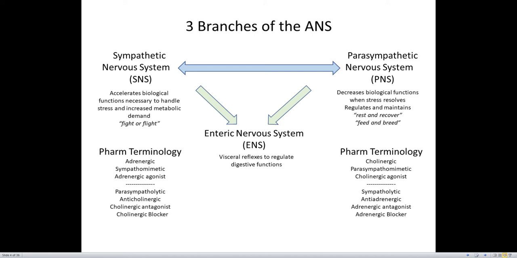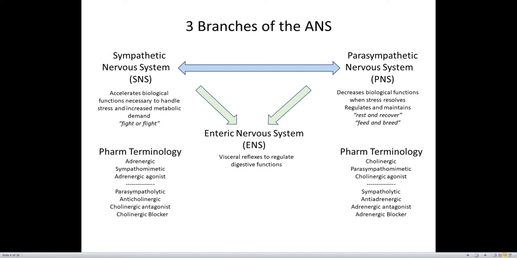You probably learned that muscarinic receptors in the lungs, muscarinic 3 in particular, will cause smooth muscle cell contraction and bronchospasm. Same thing happens in the blood vessels. In the heart, the muscarinic 2 receptors will cause the heart rate to slow down and for contraction to decrease. So if we give a drug that is cholinergic or a parasympathomimetic or a cholinergic agonist, we expect the heart rate to go down, contractile function to go down, and smooth muscle cell contraction to occur.